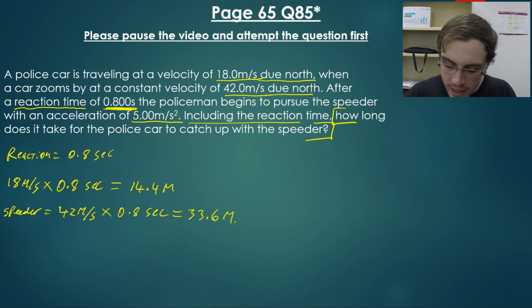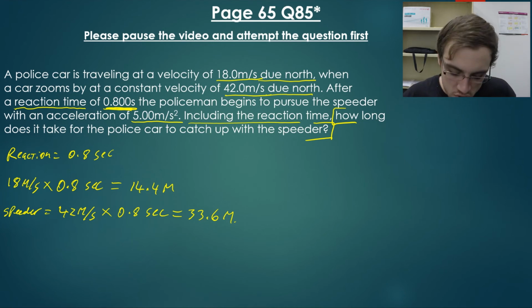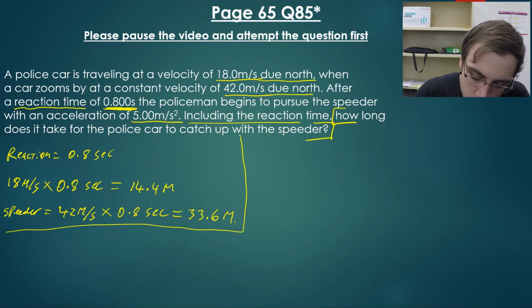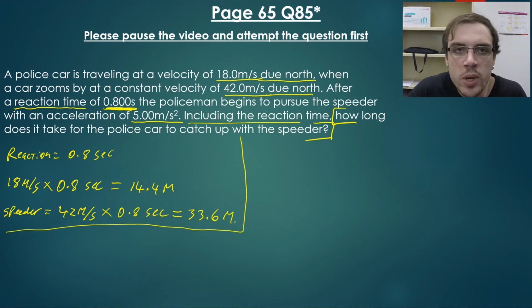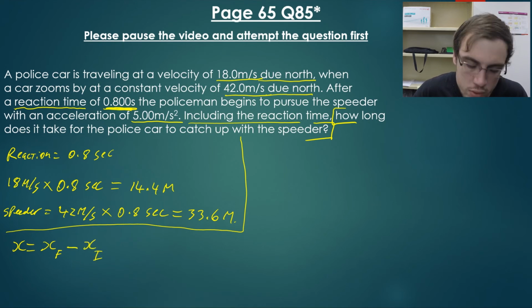Because we now know the initial distance that they covered from the starting point, we can now calculate the total distance traveled. There's a couple of things we can do here. The first thing is we need to acknowledge that displacement is distance final minus distance initial.